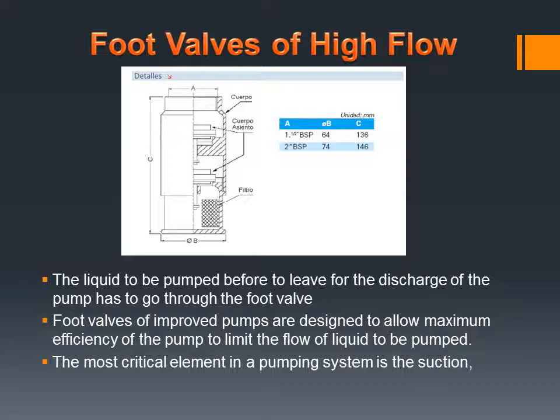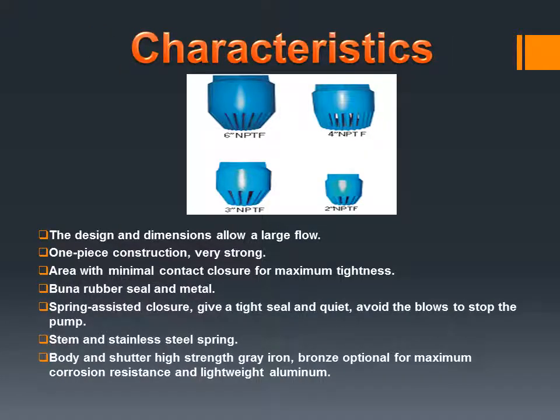The most critical element in a pumping system is the suction. Characteristics. The design and dimensions allow a large flow. A very strong pipe construction. Area with minimal contact, closing tightly for maximum tightness. Rubber, steel and metal.